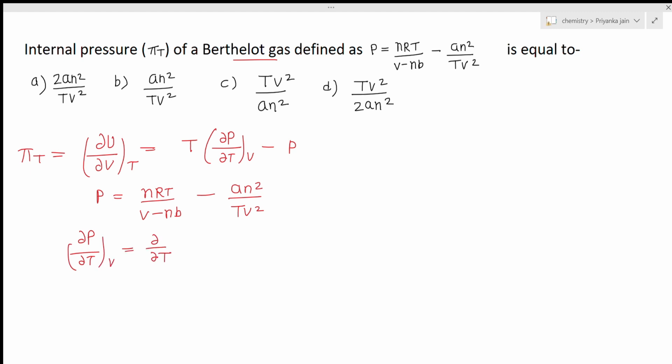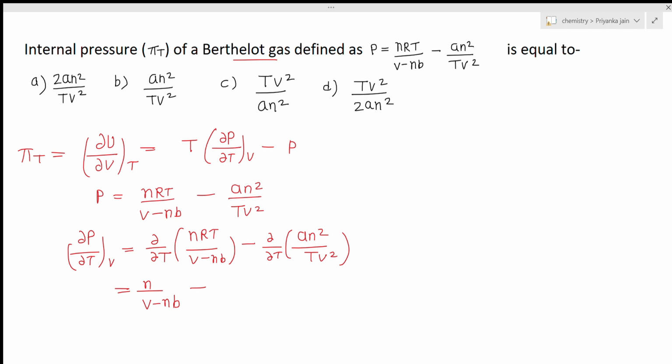Del upon del T of nRT upon V minus nb, minus del upon del T of a n square upon T V square. So see here, this term n R upon V minus nb is the constant term, it comes outside, and del T upon del T will be equal to 1. So this becomes 1, minus del upon del T of a n square upon T V square.